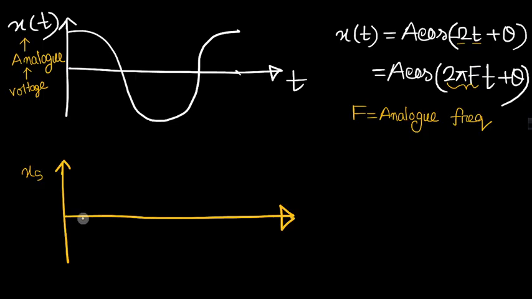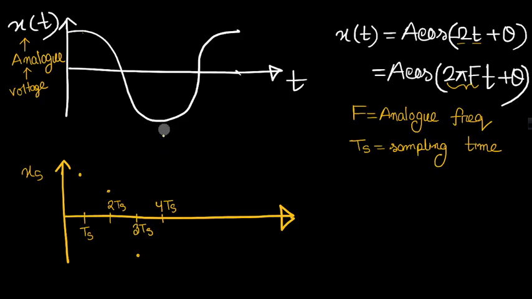Instead you want the voltage at some specific times, like Ts, then 2Ts, then 3Ts, then 4Ts. So instead of taking continuous voltages, you have to take the voltage at some specific time, and here Ts is called the sampling time. So you have to take this voltage here, and then this voltage here, then this voltage here, then this voltage here.